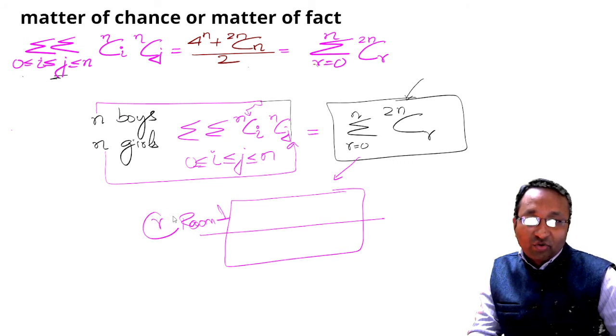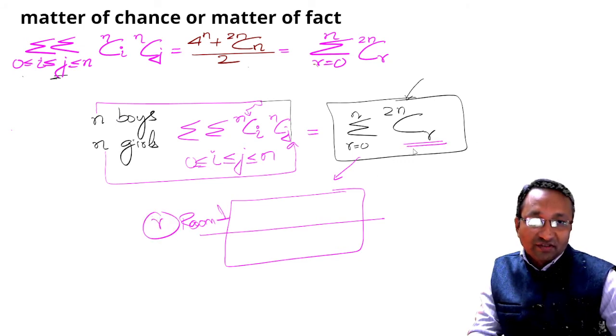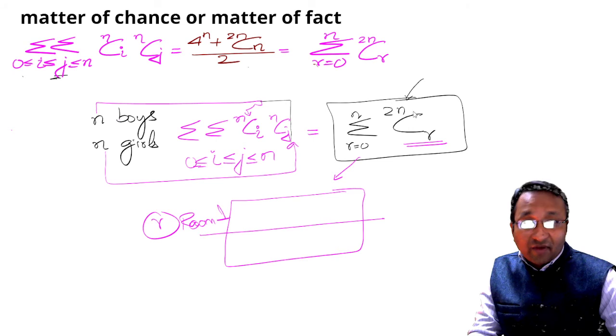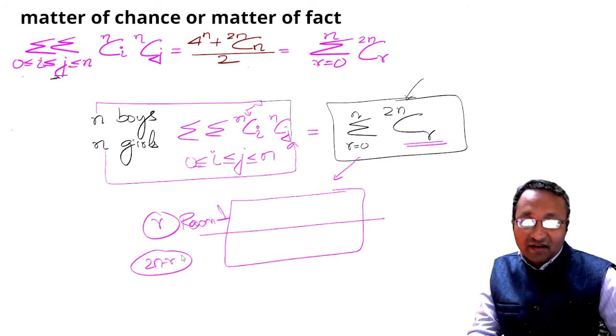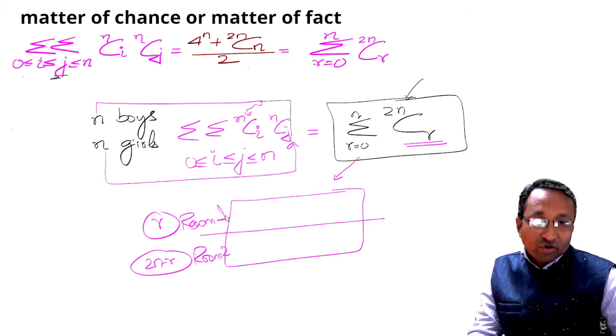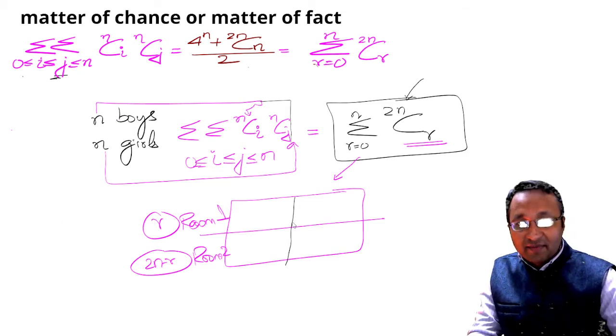I'm talking about those students whom you have chosen, half or less than half out of the 2n pool, and the remaining 2n minus r, tell them to go to room number 2. Isn't this as simple as choosing r students out of 2n who go to room number 1? Obviously the remaining go to room number 2, and you see the magic.